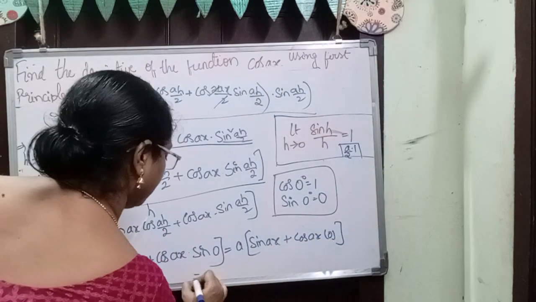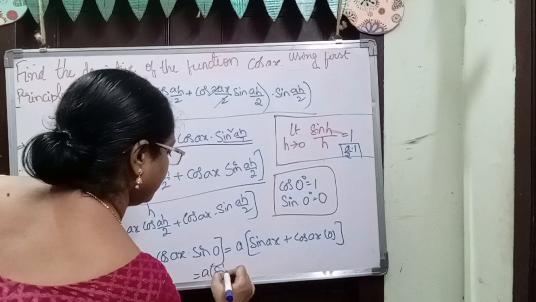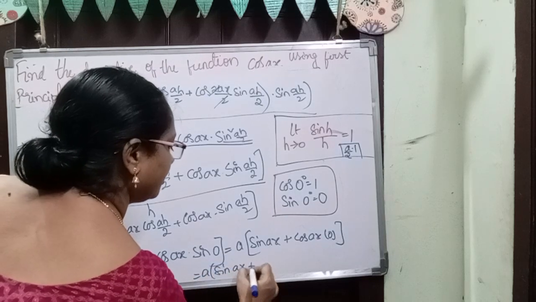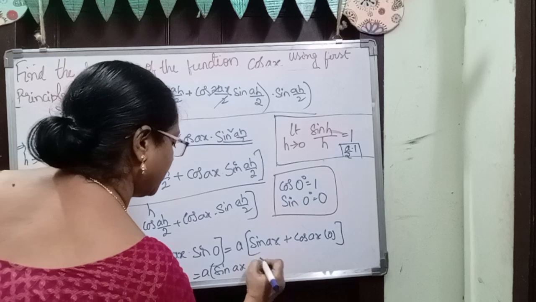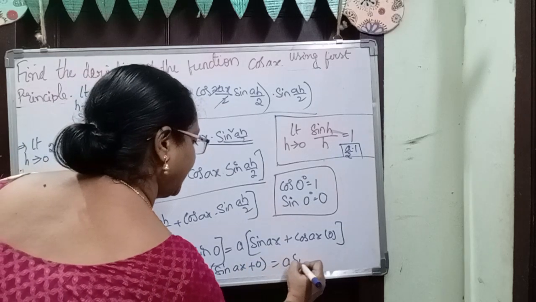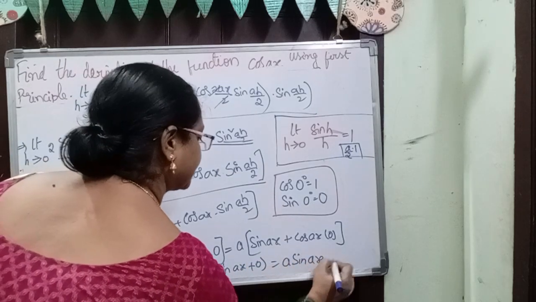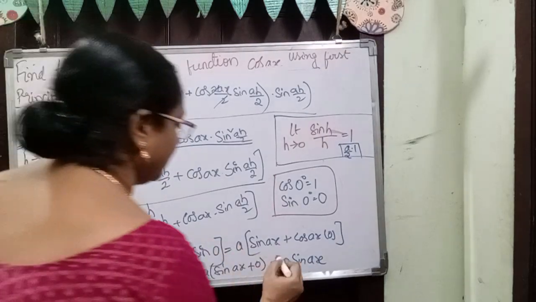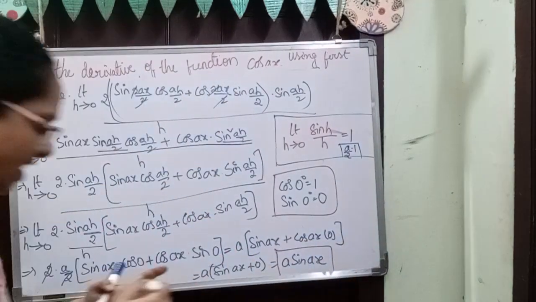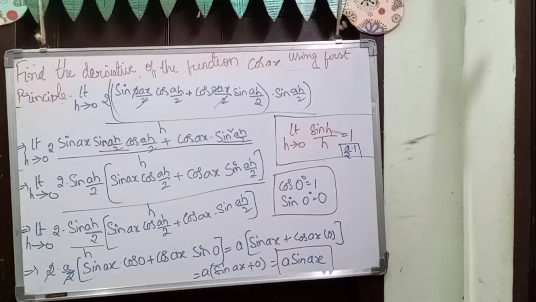What you will get is a into sin ax plus 0, and 0 into anything is 0. That is equal to a sin ax. This is the derivative of cos ax. Understood?